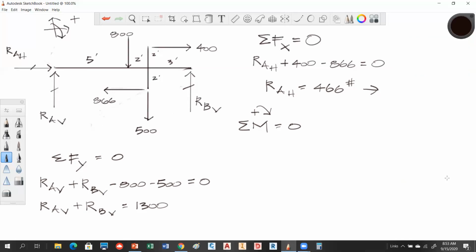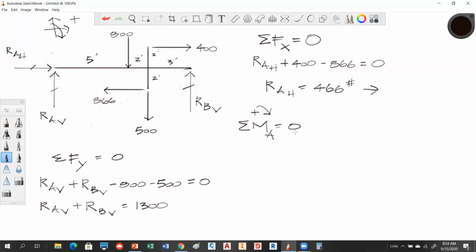All right. Well, I'm going to take moments about A. If we take moments about A, that is going to knock out RAH and RAV. And so all of the rest of these are going to have to be dealt with in this moment equation.